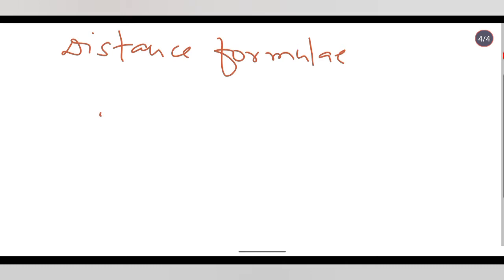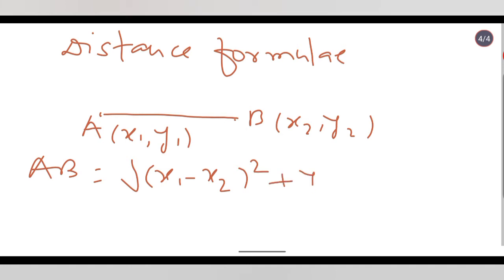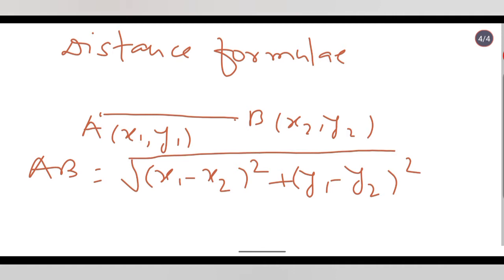Distance between two points. Suppose a point A having coordinates x1, y1 and point B having coordinates x2, y2. We have to find the distance AB. Here the distance is given by the square root of (x1 minus x2) whole square plus (y1 minus y2) whole square.